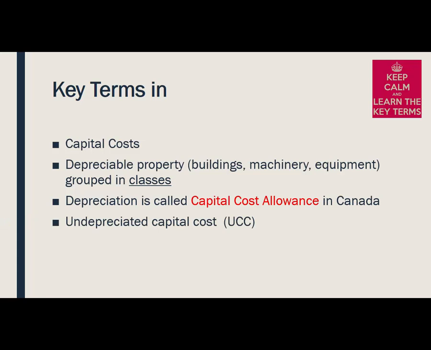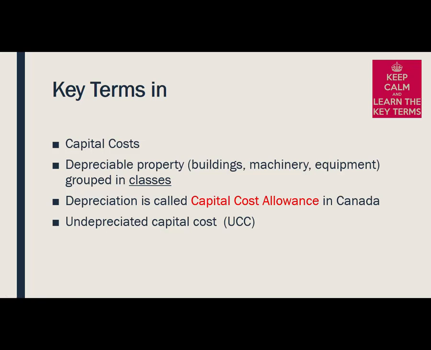Undepreciated capital cost is how much value the capital asset still has. Every year you're able to deduct a certain amount of expense from that capital asset. Based on its class, you can start to deduct from how much it's worth. You put it as an expense on your income statement and start to reduce the value.